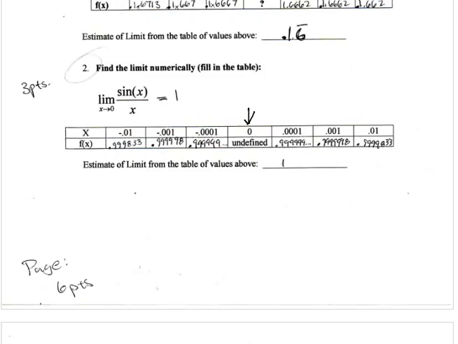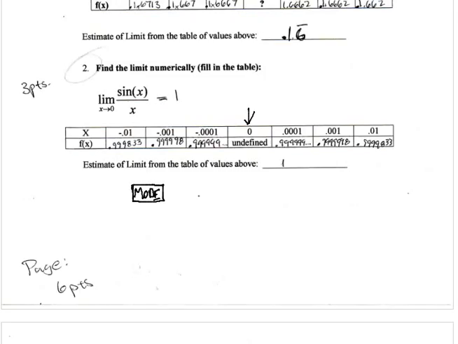Now, if some of you did not get this answer, there was a reason for that, and that reason was that the values you were putting into sine of x may not have been radian quantities, but degree quantities. One thing you can do to verify this is hit the mode button on your calculator.